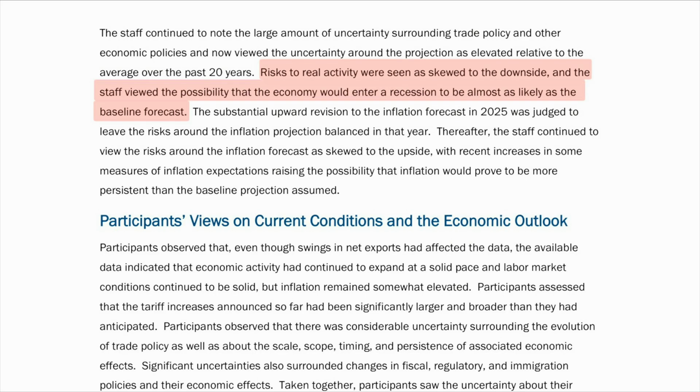So here they touch on risk of recession again. So it says, risk to real activity were seen as skewed to the downside, and the staff viewed the possibility that the economy would enter a recession to be almost as likely as the baseline forecast. Basically saying that a recession, according to the staff of the FOMC, is baked into their forecast damn near in 2025.